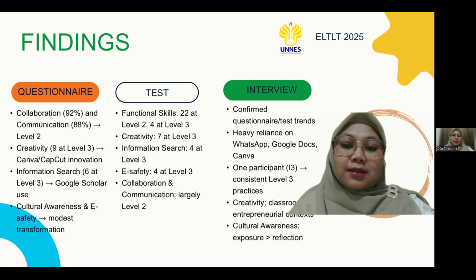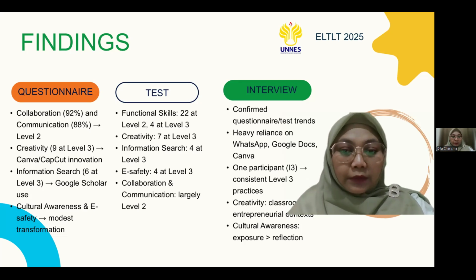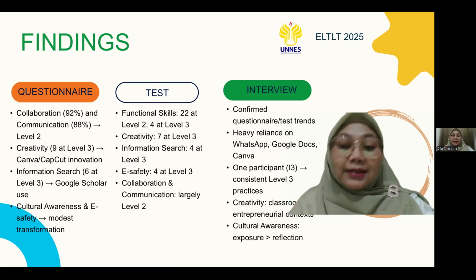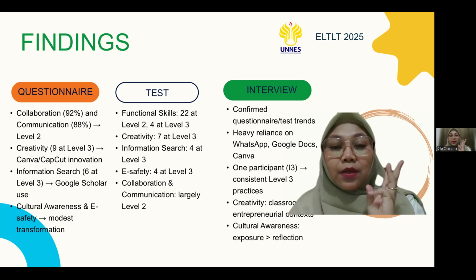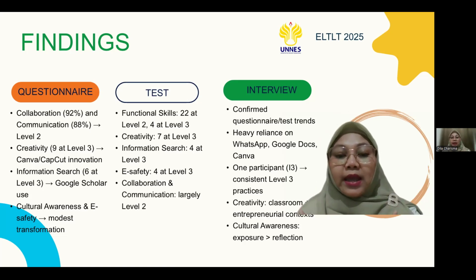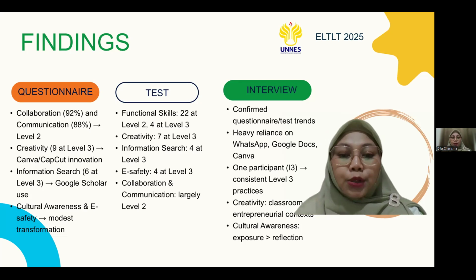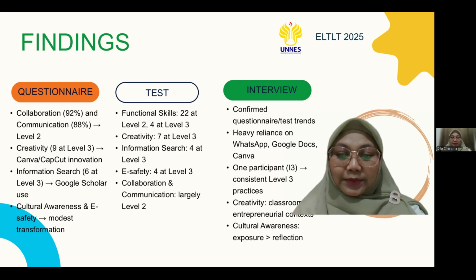Most students reported relying heavily on familiar platforms such as WhatsApp, Google Docs, and Canva. Interestingly, one participant consistently demonstrated level 3 practices, showing how creativity and cultural awareness could extend into both classroom and entrepreneurial contexts.